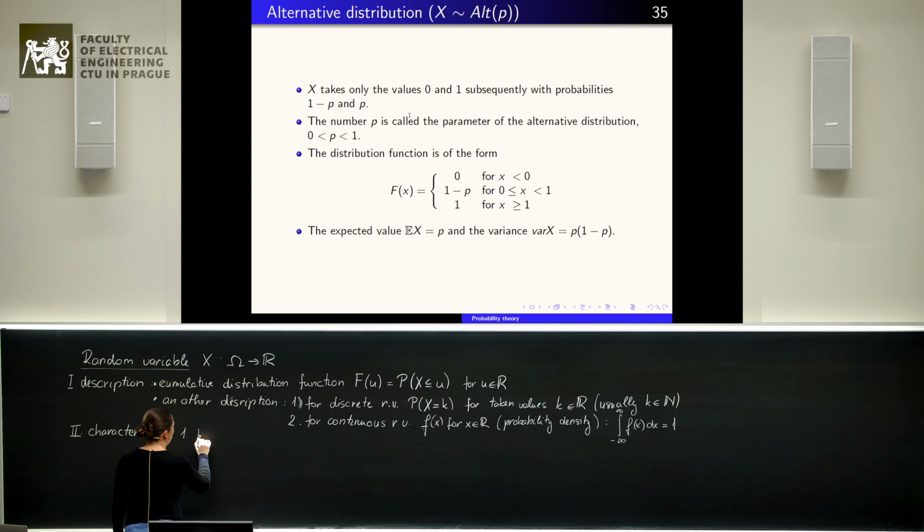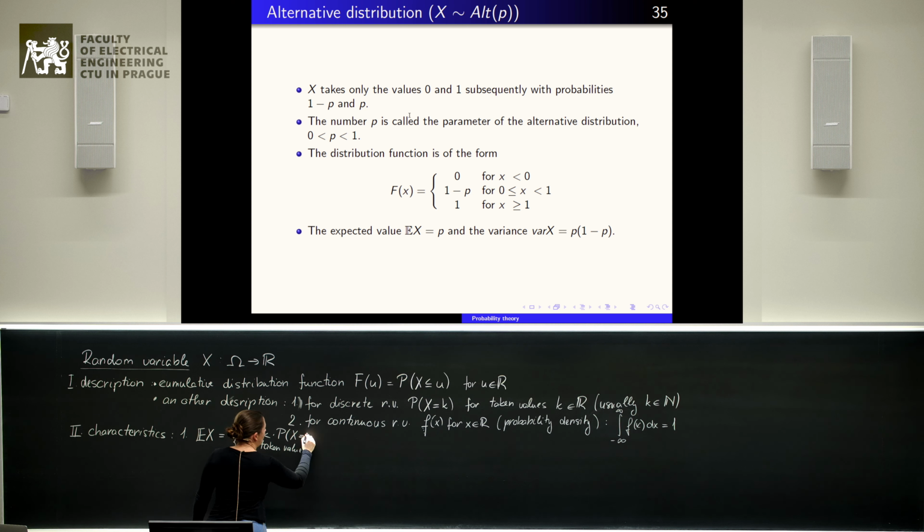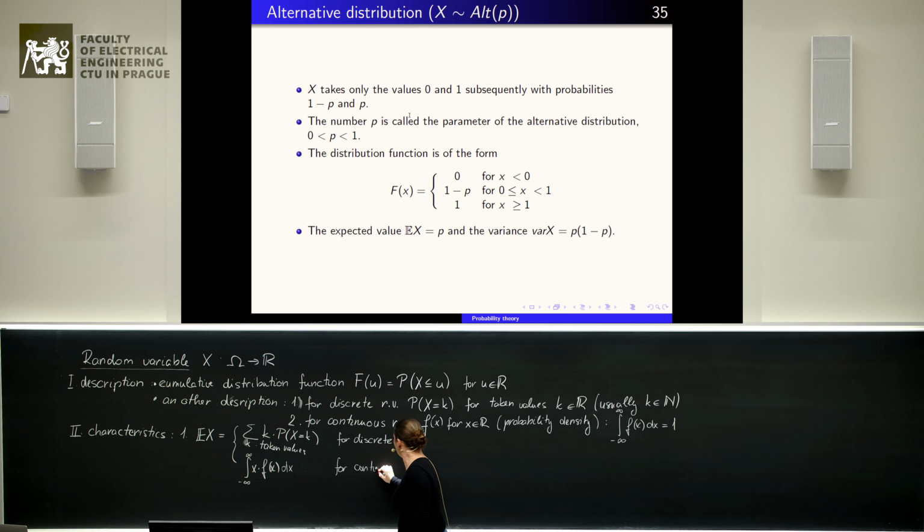First, it was the expected value, which is either a sum of the taken values multiplied by their probabilities, or analogously an integral from minus infinity to plus infinity of x times density of x dx for a continuous random variable.